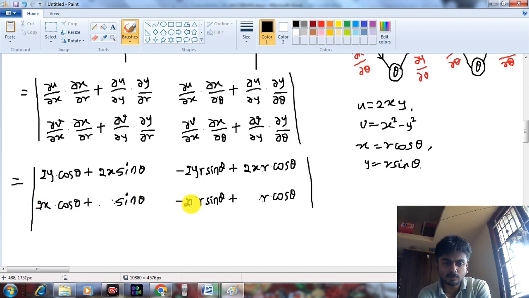Into 2x. Okay, and dou v by dou y is minus 2y, so I am putting minus here.